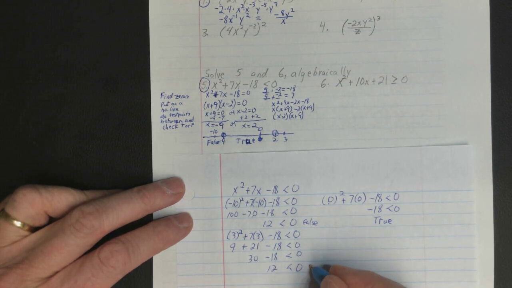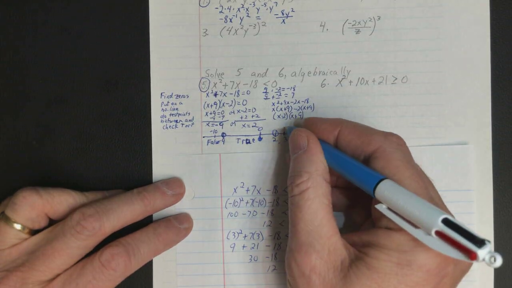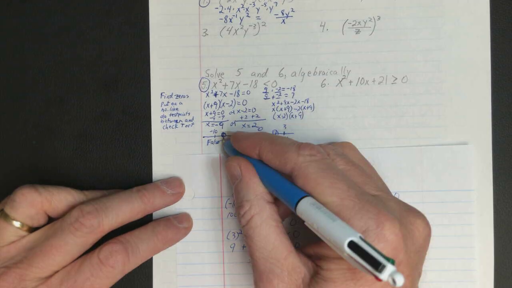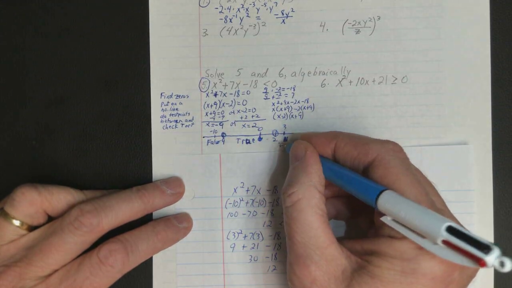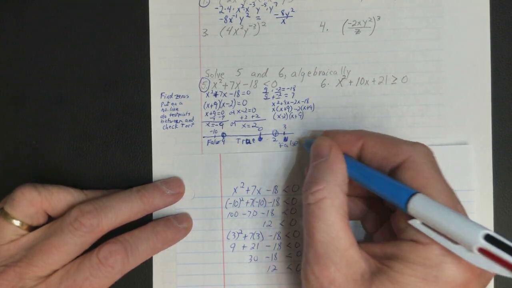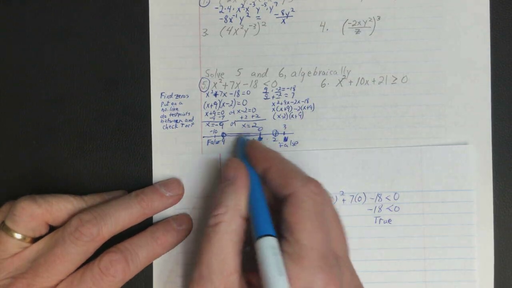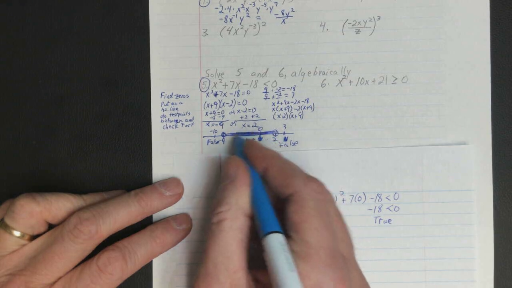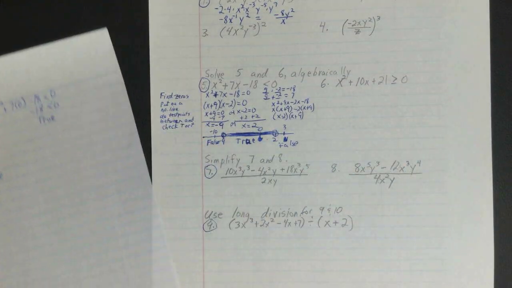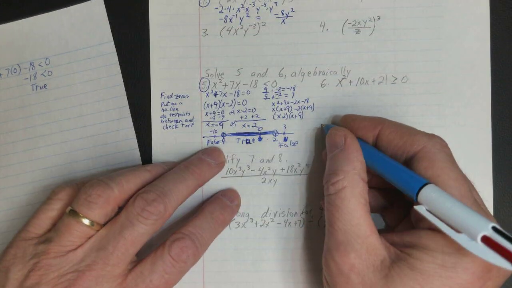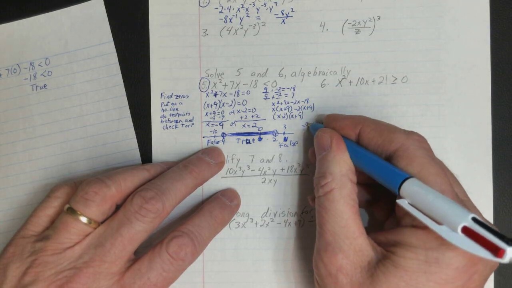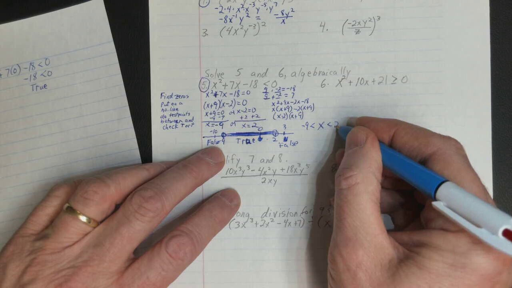Is 12 less than 0? It is not. That is false. So I mean to put my test points above and my actual zeros below. This one's false. So if I'm shading my number line, I'm shading the true parts. I'm going to shade this. And if I write my inequality answer, I would write x greater than negative 9 and less than 2.